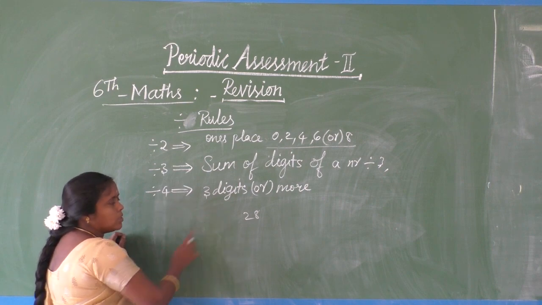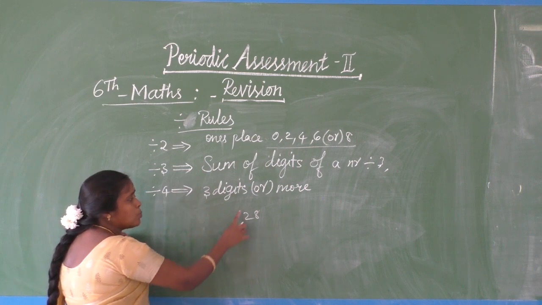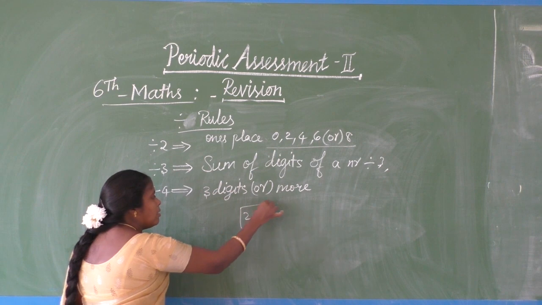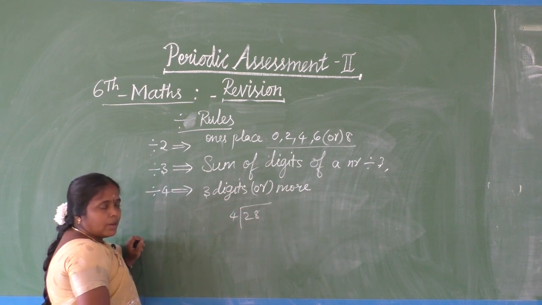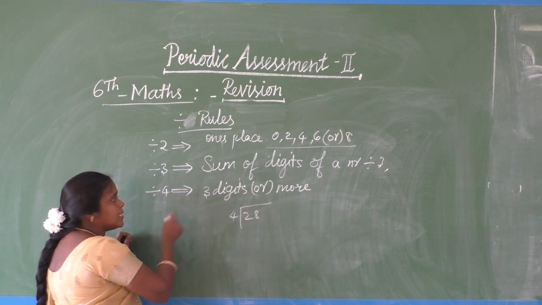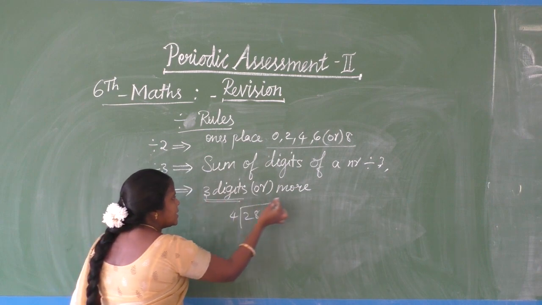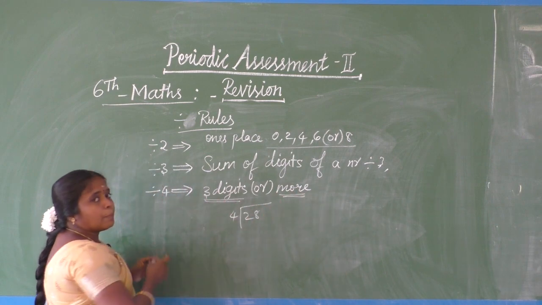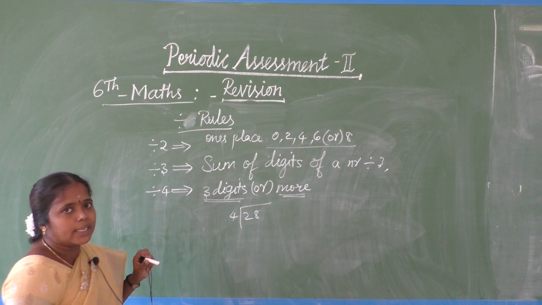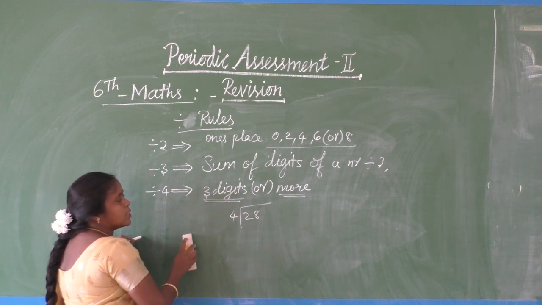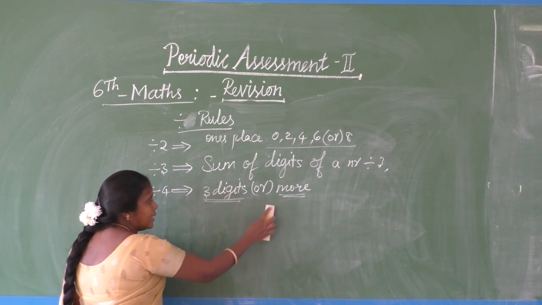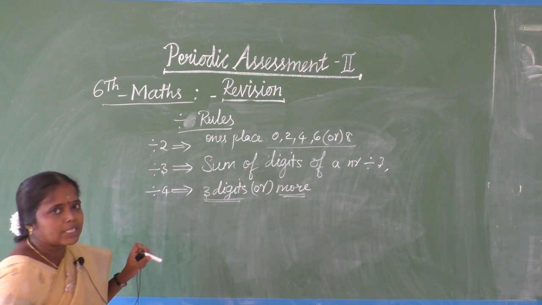Here we can't apply this rule. How do you check smaller numbers? By normal division. When can you apply this rule? Only if the number contains 3 digits or more. Less than 3 digits, we have to divide that number normally. This is the first condition.